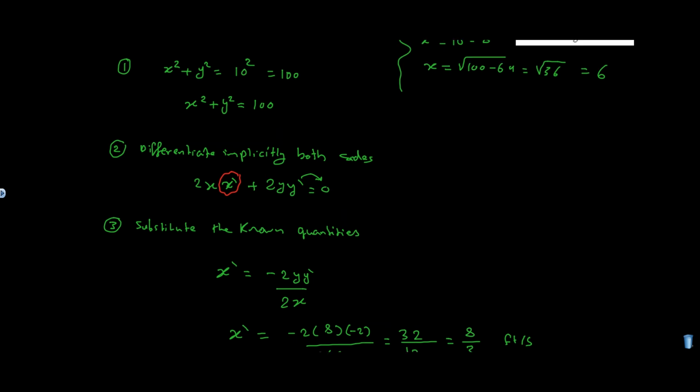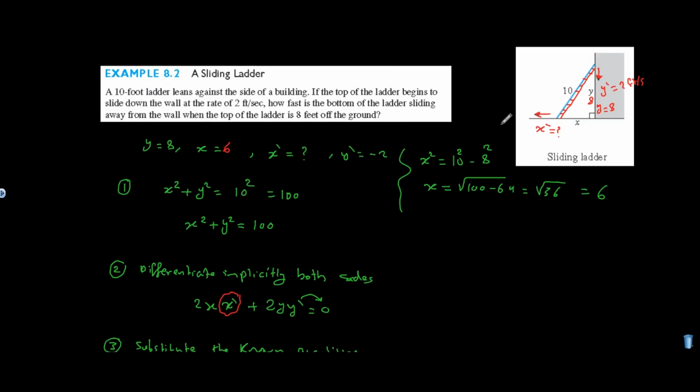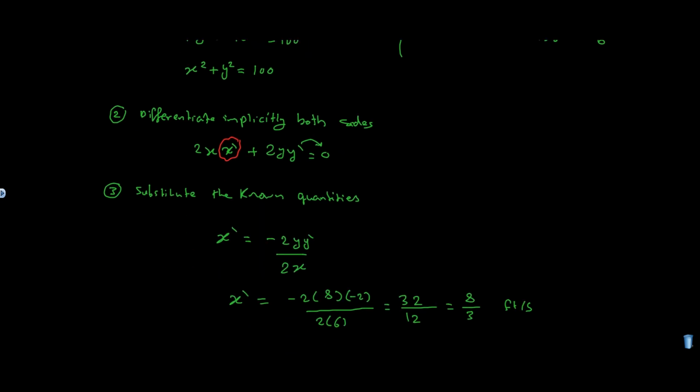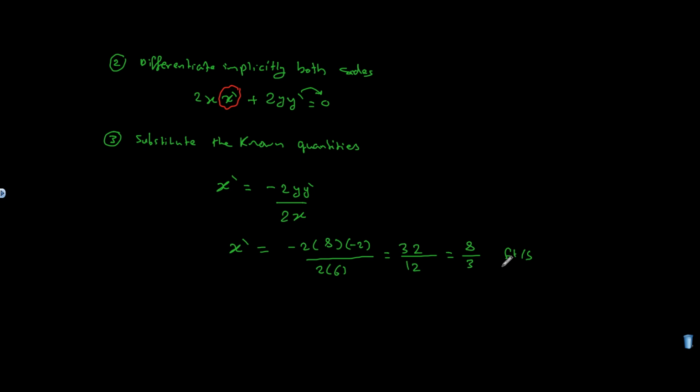This is the rate, how fast the bottom of the ladder is sliding. This is x prime equal to 8 over 3.